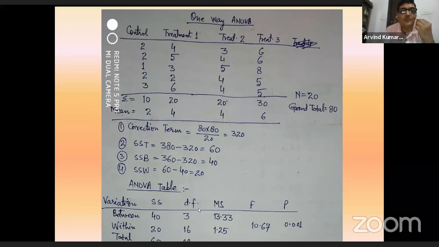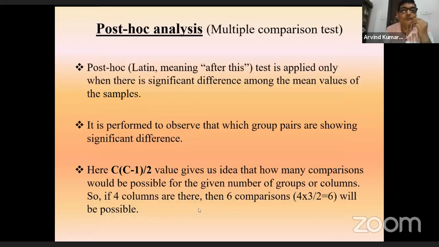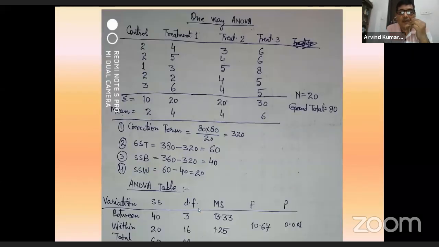Now what I am showing is that in this particular case, we are observing that there is significant difference among the mean values. So remember, if there is significant difference among the mean values, then we can go for post-hoc analysis, the post-hoc test.